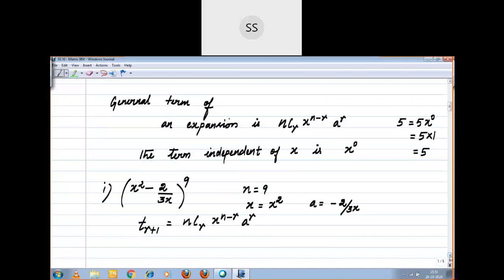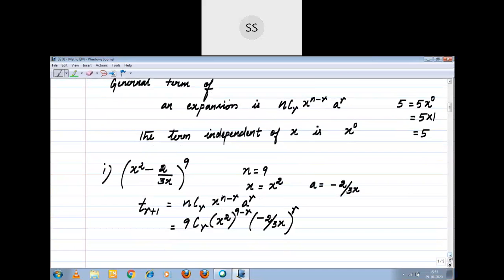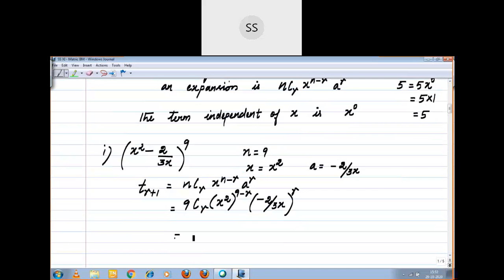Now you know the values of n, x and a, so it equals 9Cr (x²)^(9−r) (−2/(3x))^r. Here, 9Cr x^(18−2r).